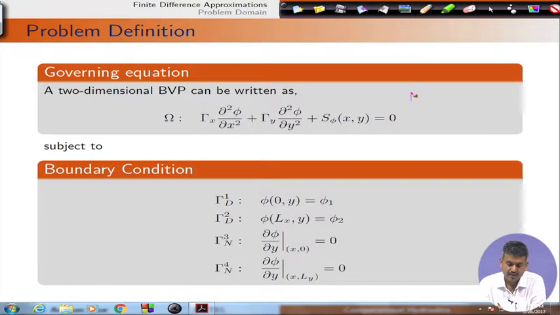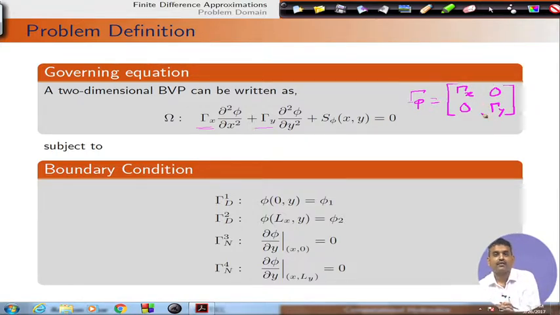Obviously phi in the previous case is a two-dimensional tensor with gamma x, gamma y and cross terms are 0. If we simplify this and consider that gamma x and gamma y are constants, then we can write it in this format. That means gamma x and gamma y are not varying with x and y. S phi is some sourcing term.